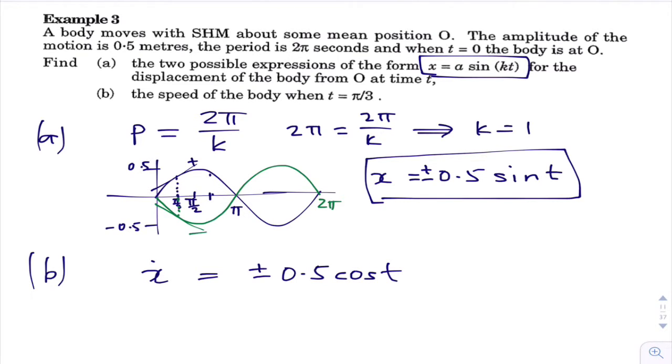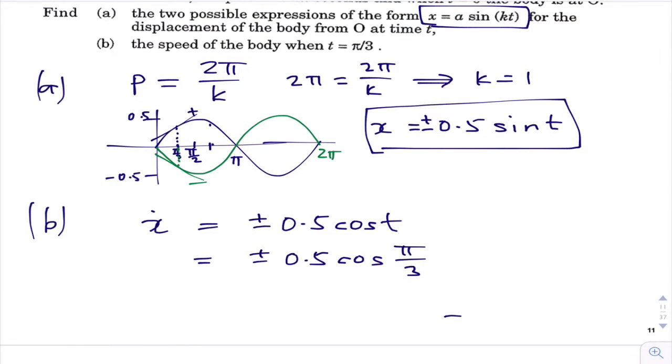Then we're going to substitute, in this case, pi over 3. Cos of pi over 3 we know is a half. So we've got plus or minus 0.5 times 0.5, so plus or minus 0.25.